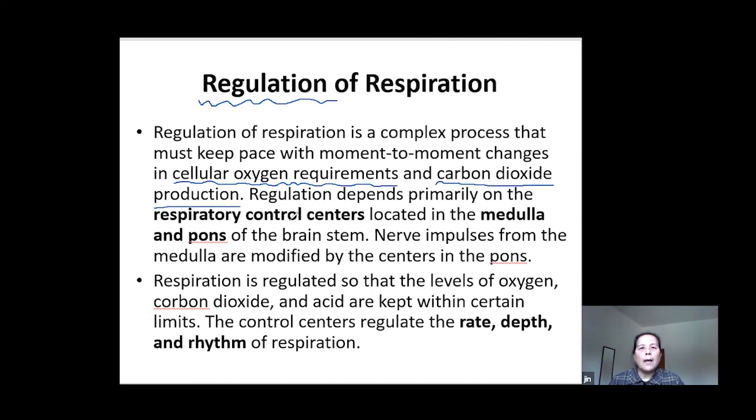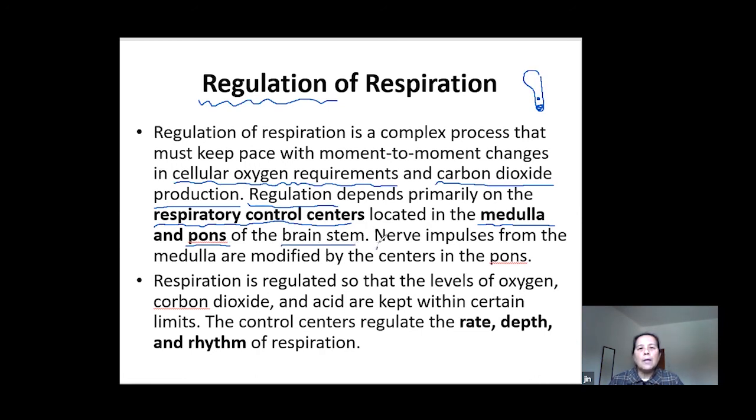So basically, respiration control has a control center. It is located in the medulla and the pons part. When we're talking about breathing, we separate it into a few parts, but the central part we call the brainstem. The lower part of the brainstem is the medulla, and a little bit above it is the pons.